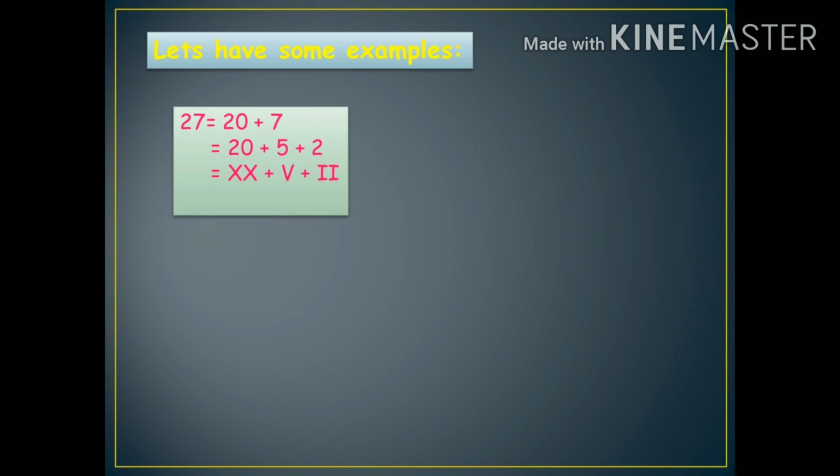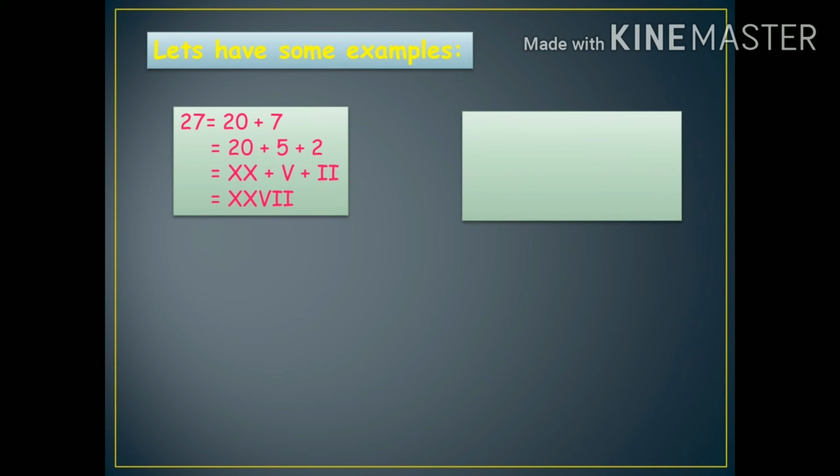So we can write 27 as XXVII. 49 can be written as 40 plus 9. 40 can be written as 50 minus 10, and 9 can be written as 10 minus 1. So XL for 40 and IX for 9, it gives us XLIX for 49.